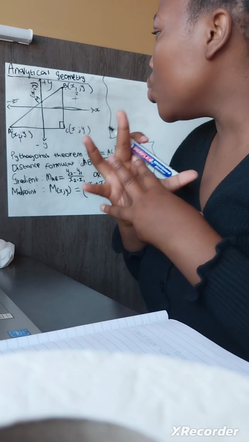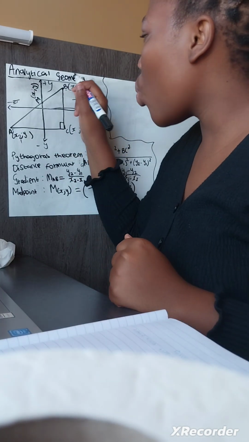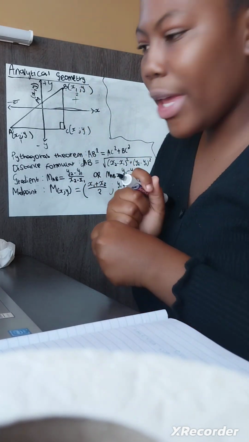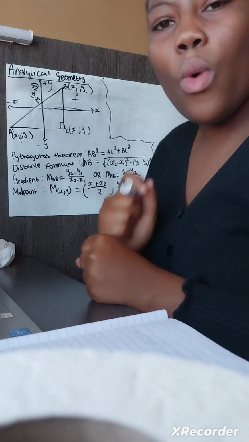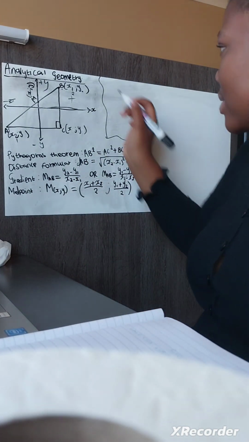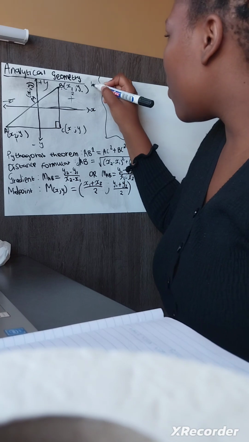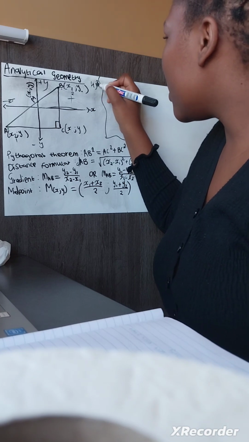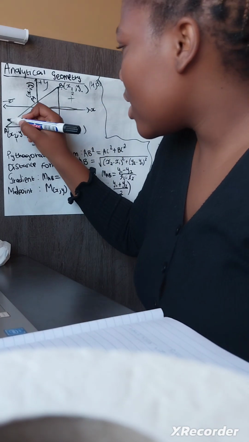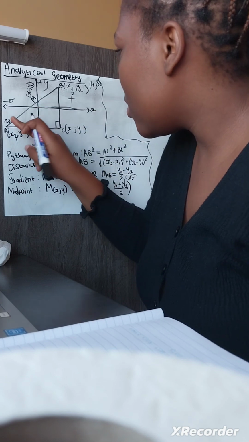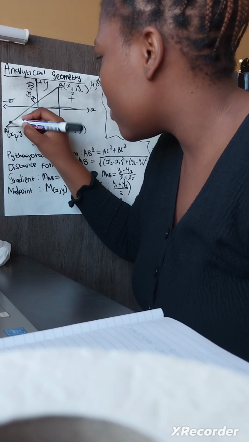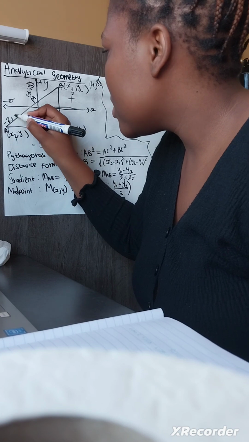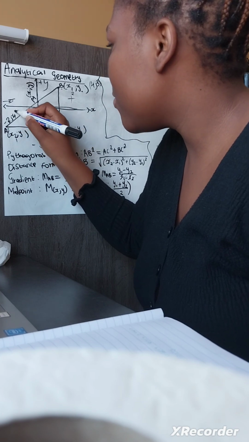But whatever you do, if you take this one as your x1, when we go to the y, your y coordinate here must be y2. For example, let's say here we have 4 and 3, right? And here we have negative 2 and negative 4.